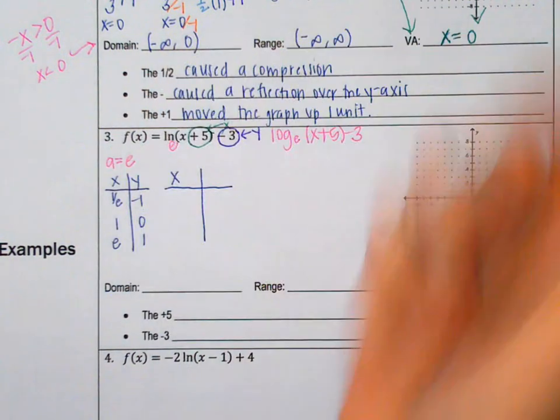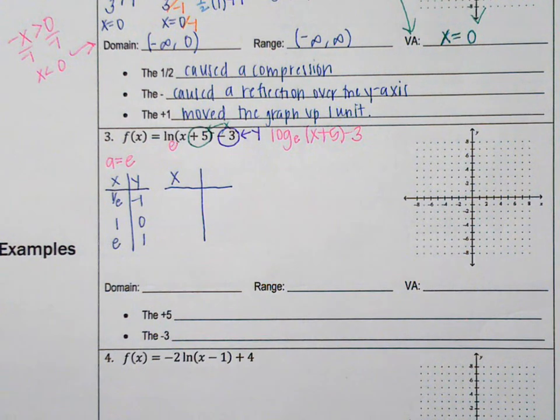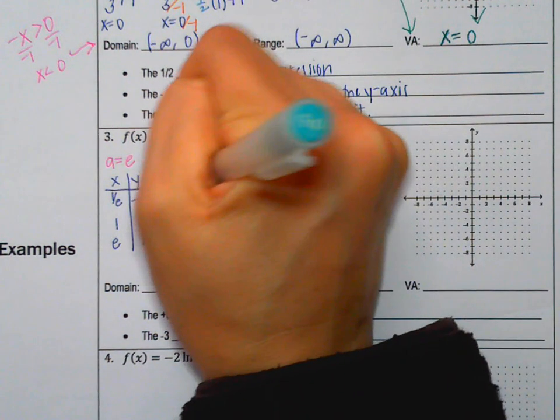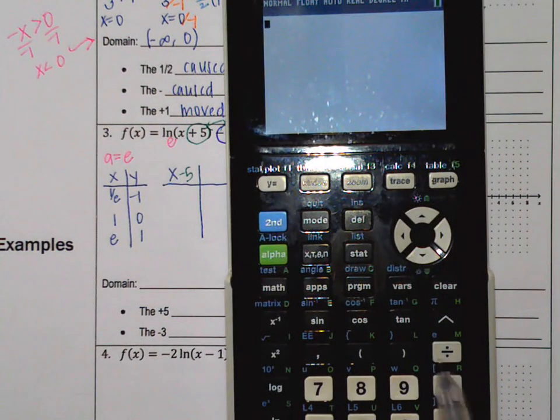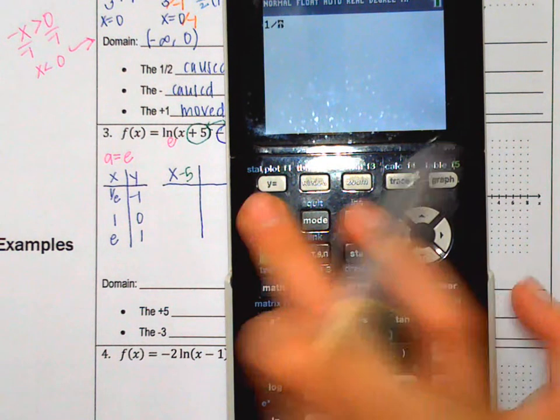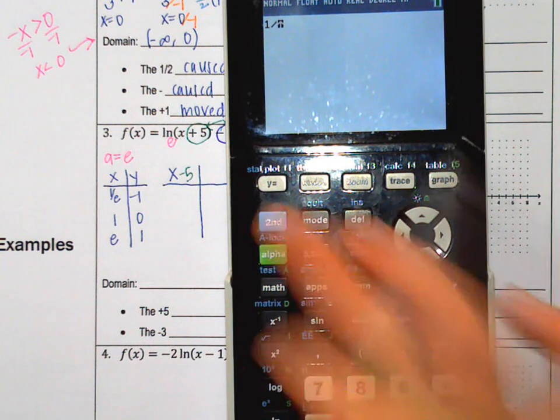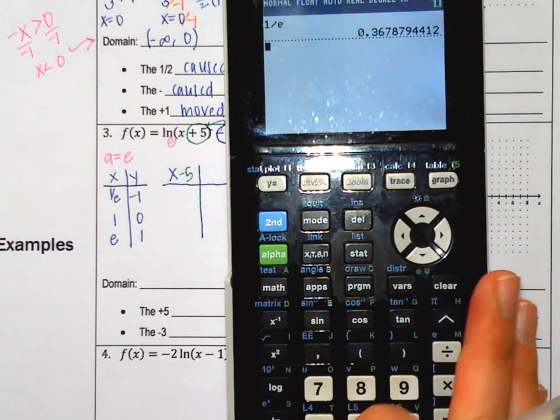So to all of my x values, we're going to do the opposite operation. We're going to subtract 5. Remember, if you need to remember where e is on your calculator, on my calculator, it's second divide. So 1 divided by second e, that would be 0.37.